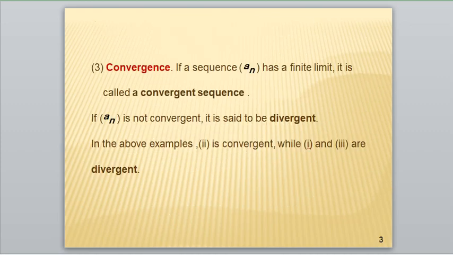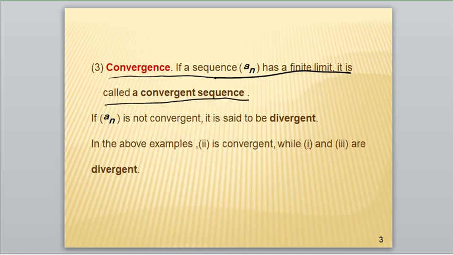Convergent sequence. How do we know that a sequence converges? If a sequence an has a finite limit, it is called a convergent sequence. Let me give you an example. Let's say an is equal to 1 by n, and I keep putting in the values of n.